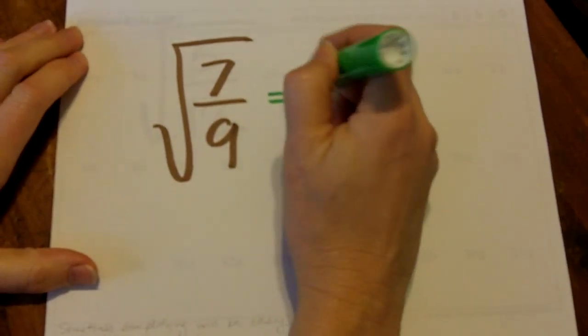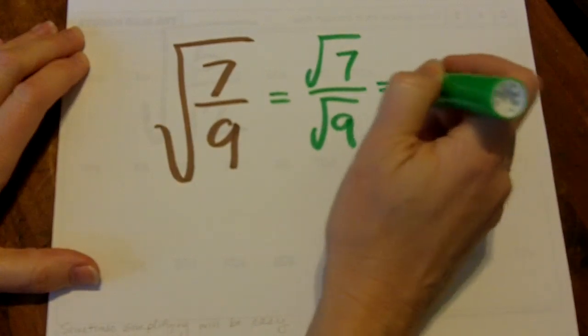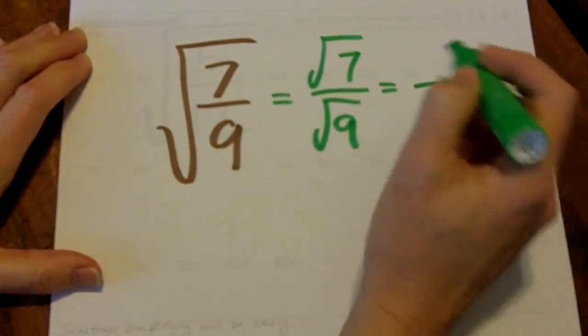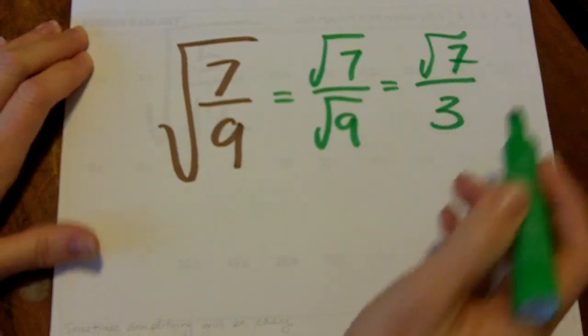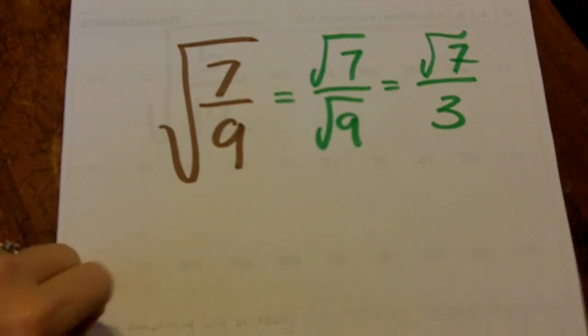Some simplification is going to be easy. For instance, if you were given the square root of the fraction 7 over 9, that's very easily rewritten, and we know the square root of 9 is 3. The square root of 7 doesn't matter because it's in the numerator. The only place we can't have a radical when simplifying is in the denominator.